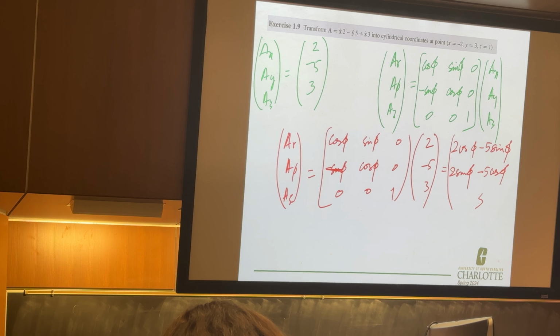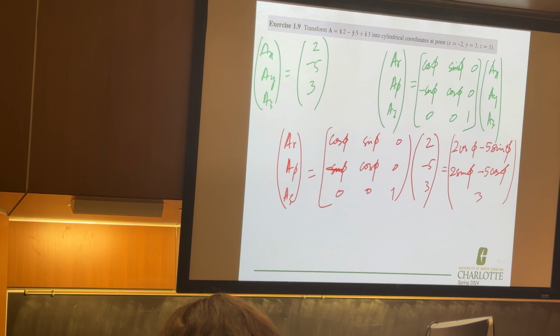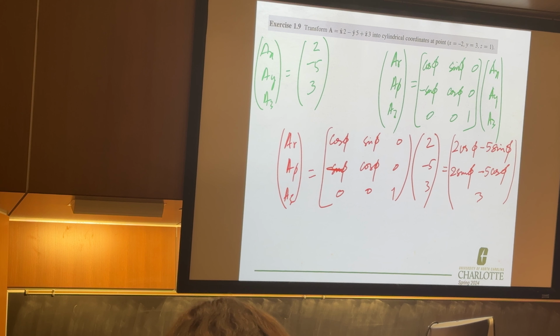Now, we have r, phi, z, not as constant numbers, but in terms of the angle. Like I said, the value is a function of the position. Now, how do we get the position? We just did that in the previous example.